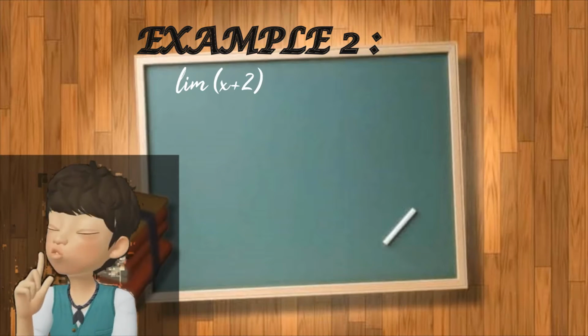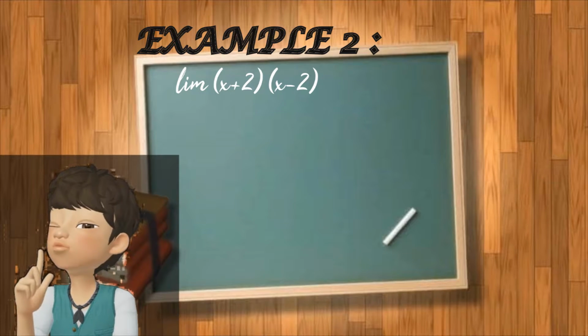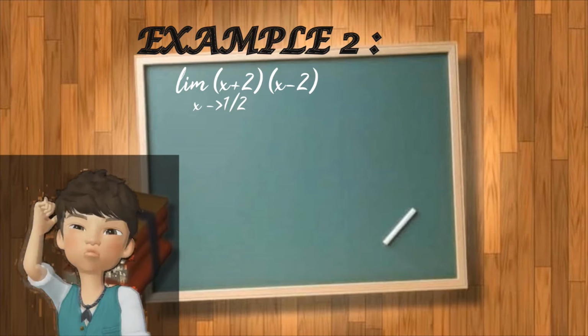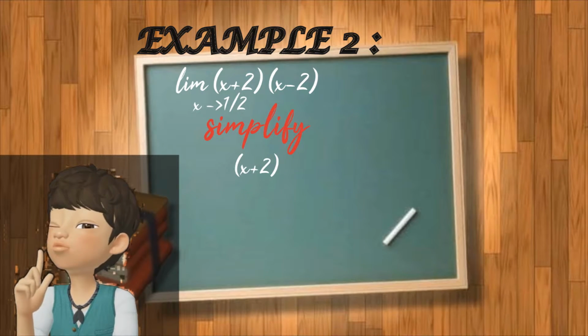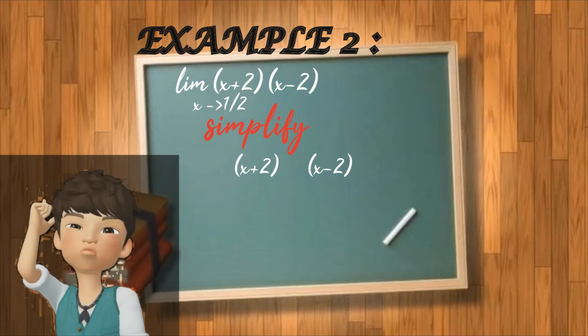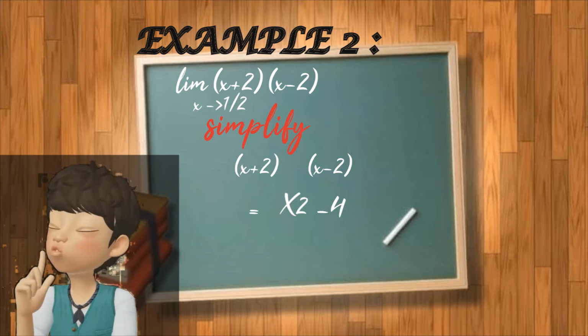Example number 2. Limit of x plus 2 times x minus 2 as x approaches 1/2. First, simplify. X plus 2 times x minus 2 is equal to x squared minus 4.